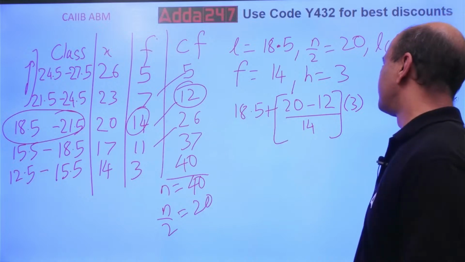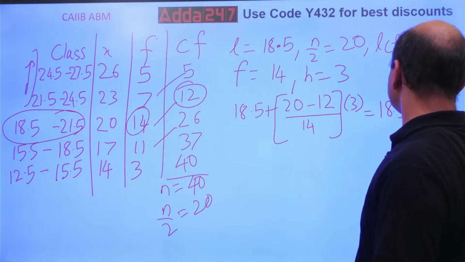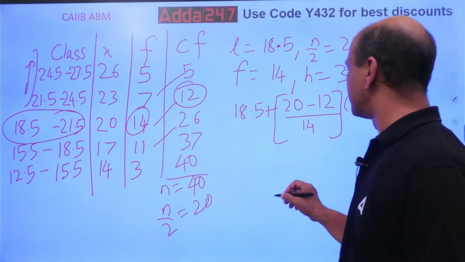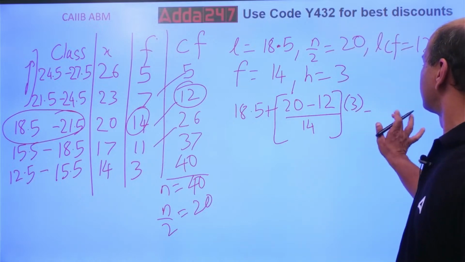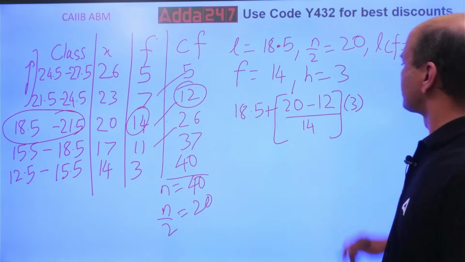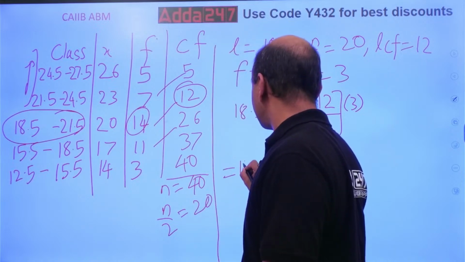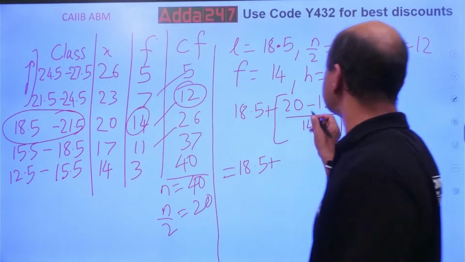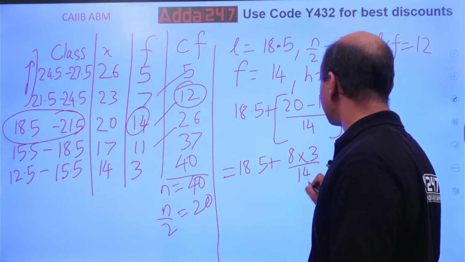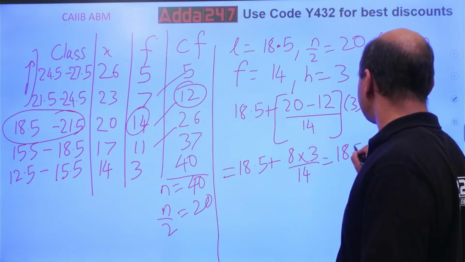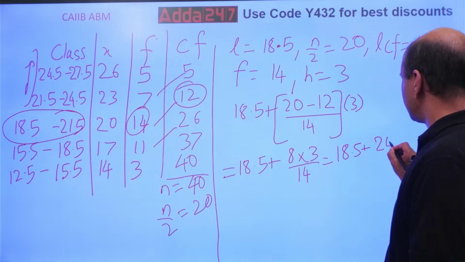So 18.5 plus, what is this? 20 minus 12 is 8. 8 into 3 upon 14. Solve it. 18.5 plus 8 3 is 24. 24 upon 14. Right? 24 upon 14.